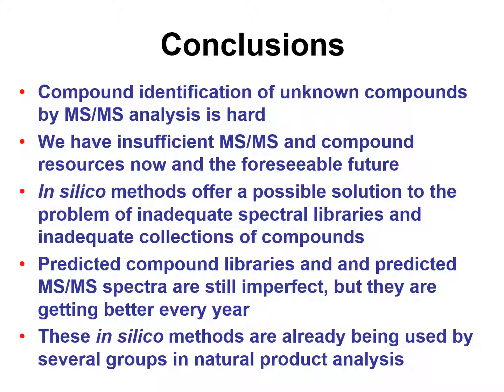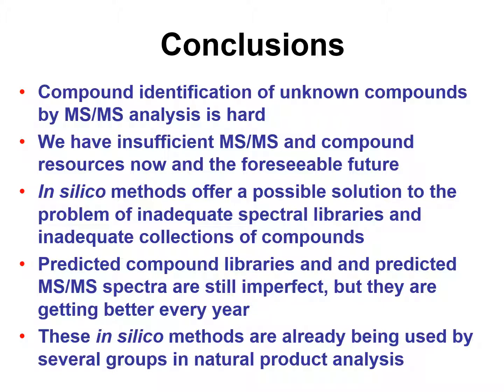Now, the predictions of MS spectra, predictions of NMR, retention time, or collisional cross-section are still imperfect, but they are getting progressively better every year. And I predict, certainly within the next 5 years, that the accuracy of these tools will be such that they match almost what we could collect if we had the actual compound and the actual instrument.